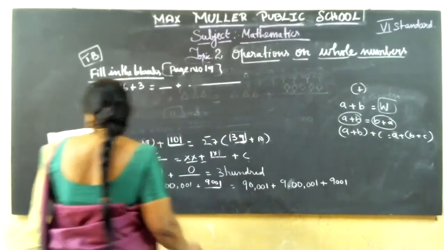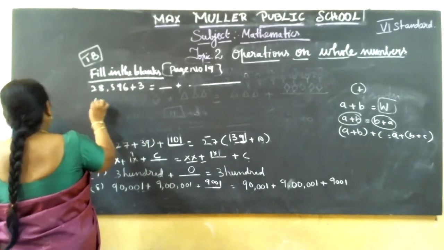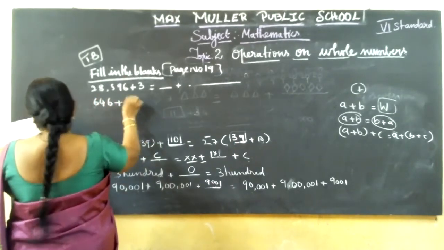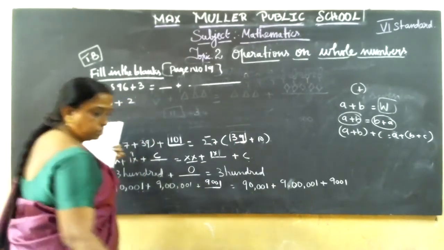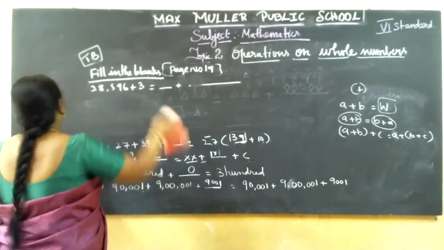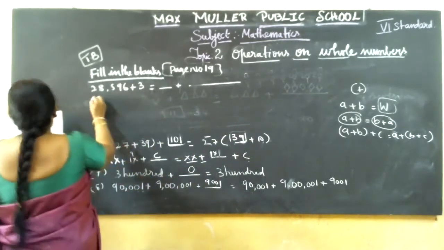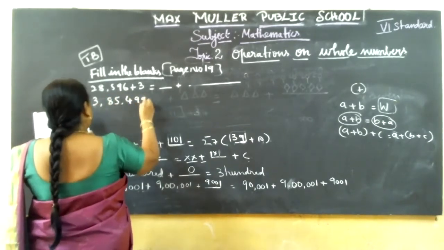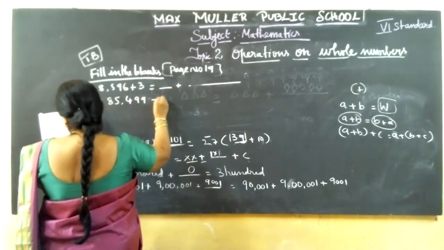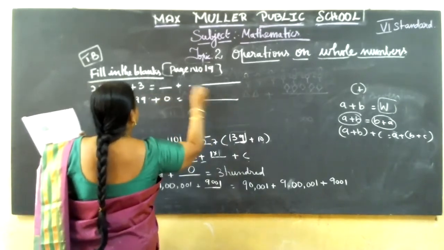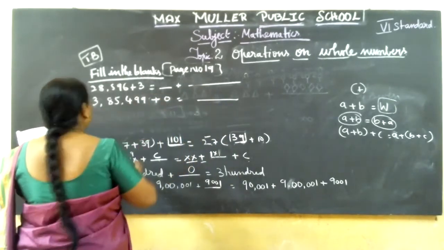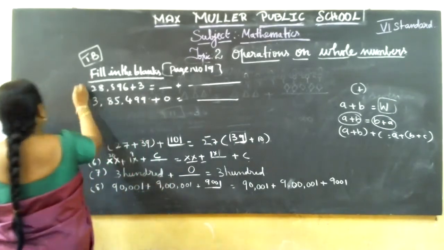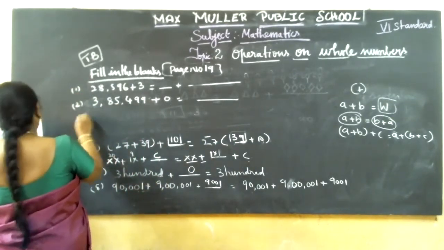Second one, 646 plus 20. 3,85,499 plus 0 is equal to dash. Next, first sum, second sum, third sum.